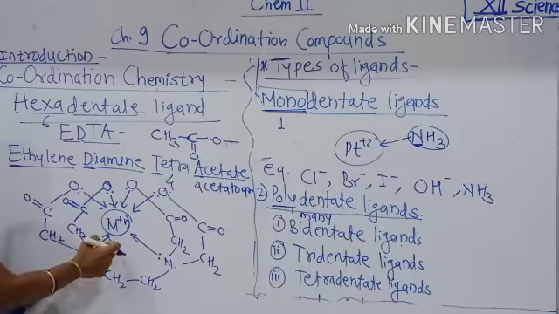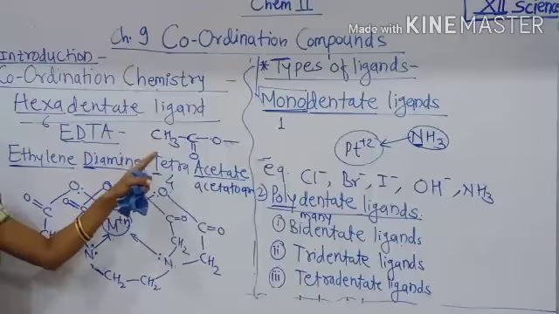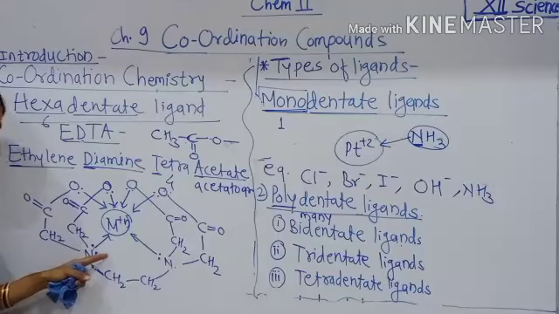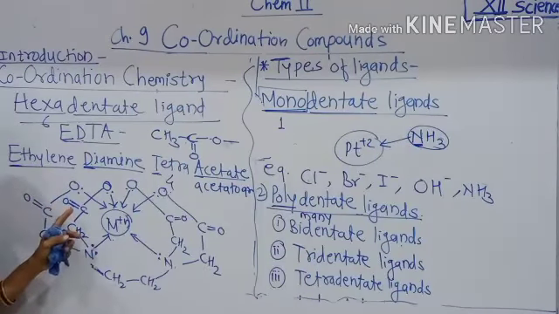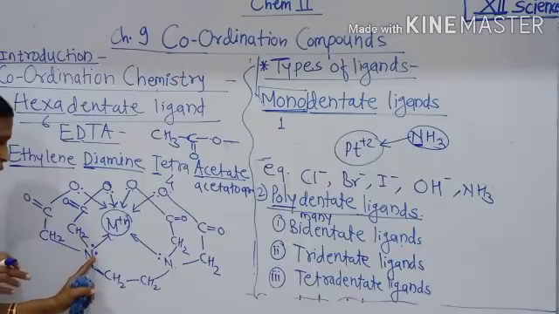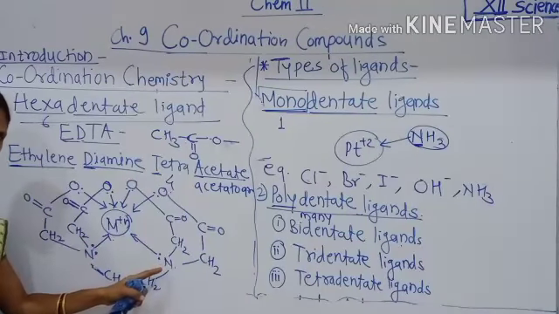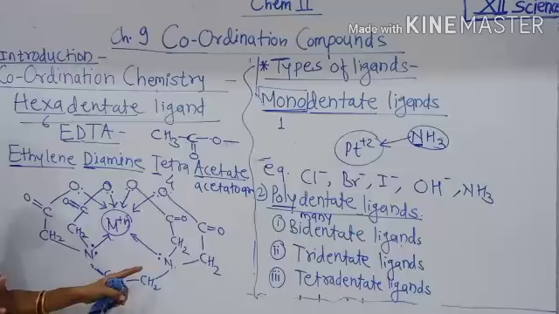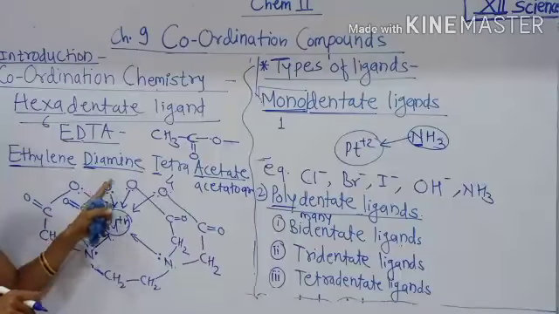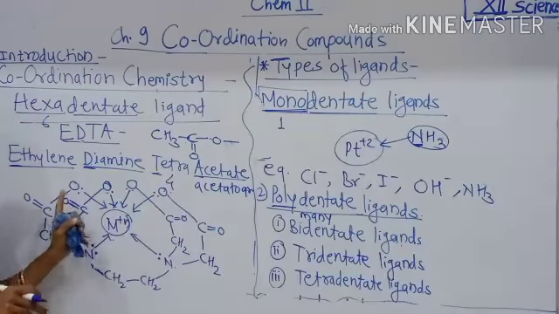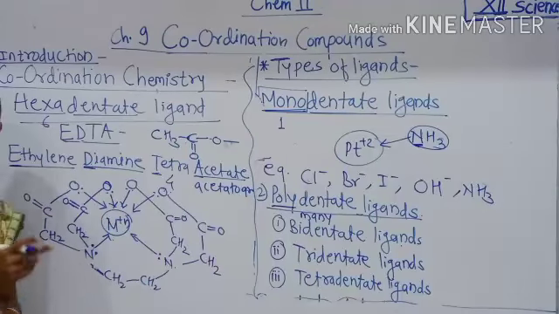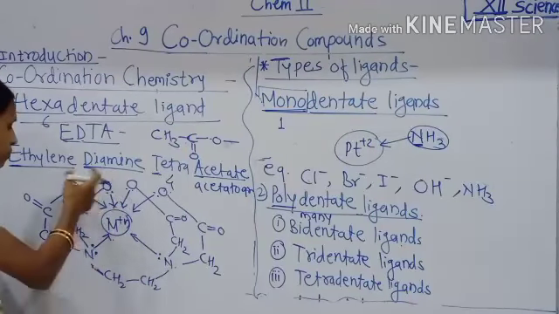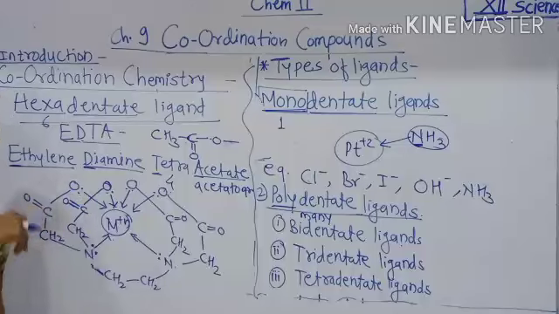Therefore, this is the structure of EDTA, in which there are 6 points of attachment: 2 nitrogen atoms, which are electron donor atoms, and 4 oxygen atoms from the acetato groups, which are coordinated with the central metal ion, and it forms a ring-like structure.